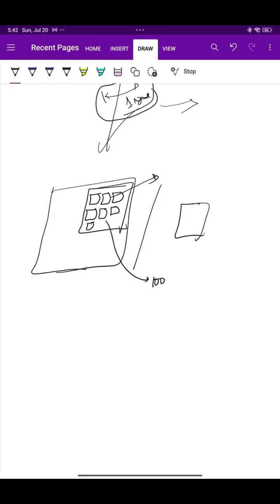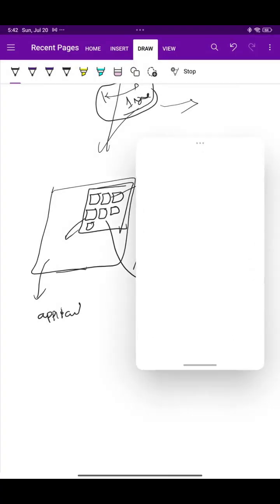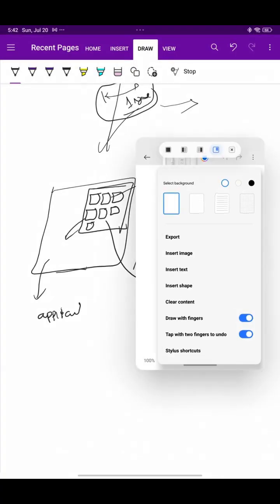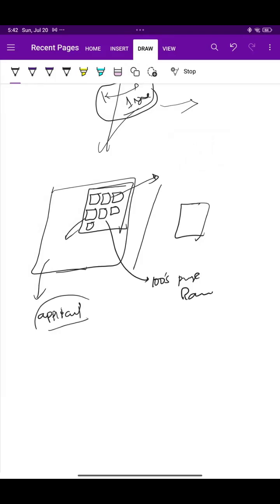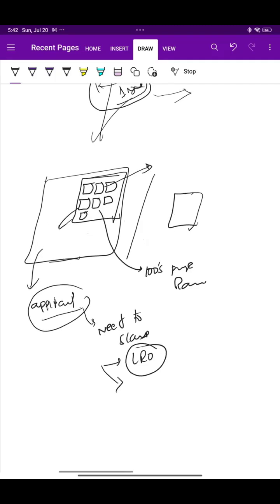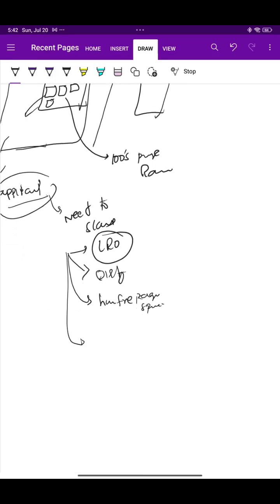It may be hundreds of pages available, maybe in RAM only, and for each page the application needs to do certain operations. So the application needs to scan what operation it is doing, maybe the LRU mechanism, least recently used, or it needs to know whether it is dirty, how much free space is available, and which database this page belongs to.